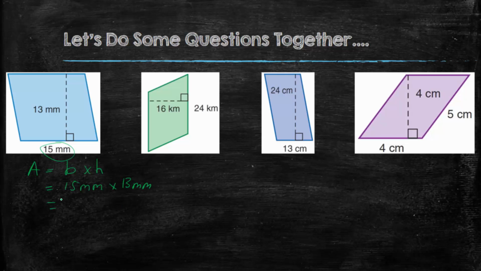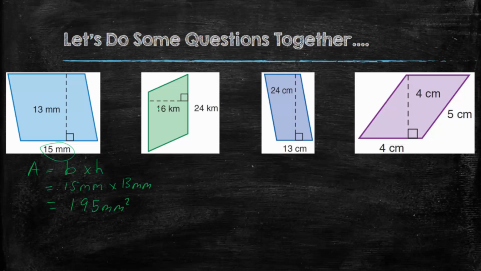Now if you take out a calculator and multiply the two, you could find the answer. Conversely, you could just multiply it using the algorithmic model, and you'll find the answer. I'm using a calculator here, and the answer is 195 millimeters squared.